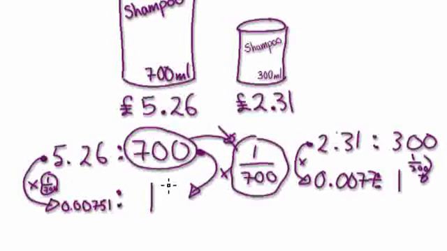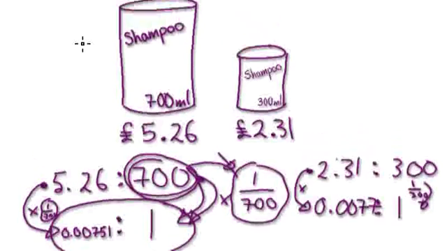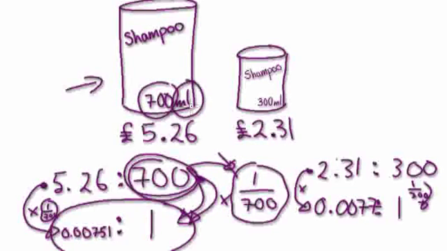Now look at this. This is just another way of looking at it. When you take this to the number 1, what you're saying is that this big shampoo has 700 of these small cubes, if you like, because milliliters is really a measurement of volume.